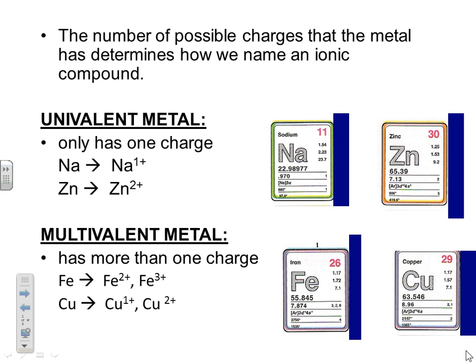This first note describes two situations that can happen when it comes to an ion. Many of our ions have only one possible charge.